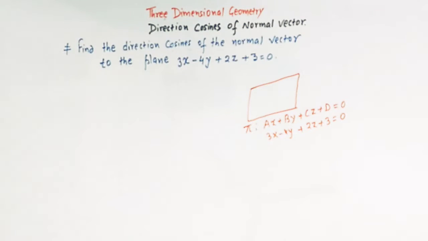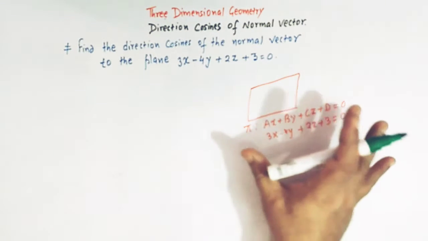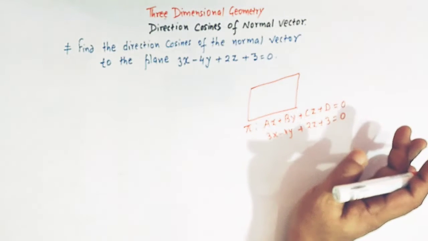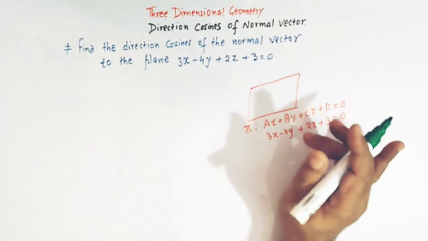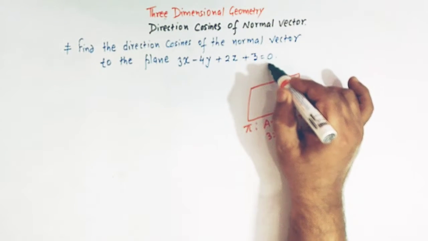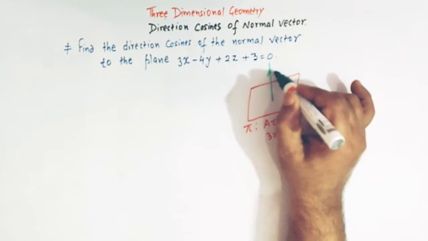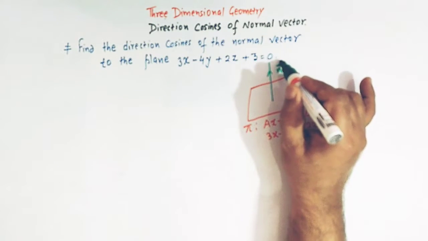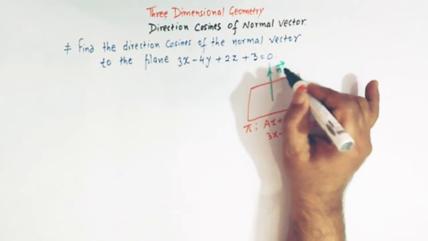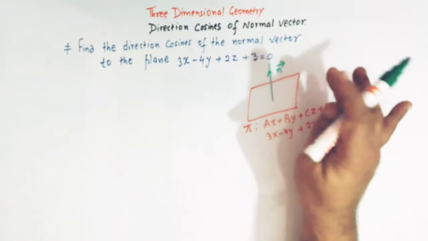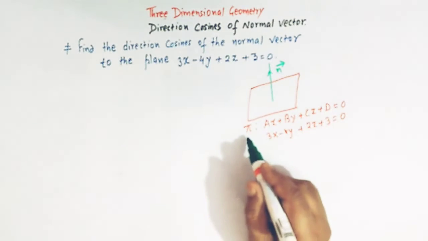Now we know that an important characteristic of a plane is its normal vector. So every plane is associated with a normal vector. Let us draw a normal vector like this. This is denoted as vector n, and this is the normal vector to this plane pi.